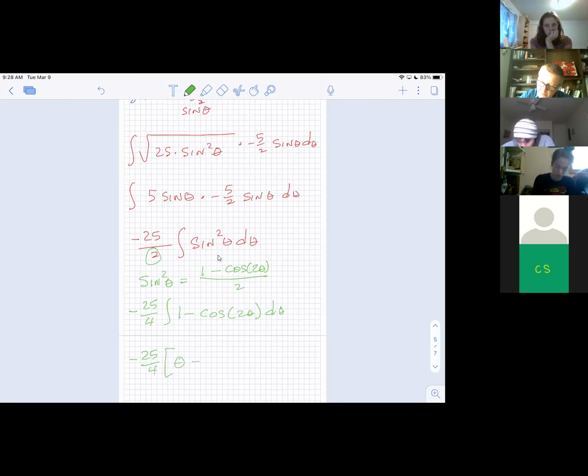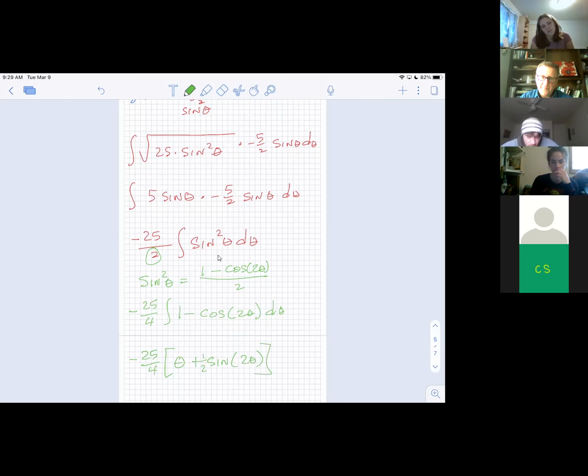I can take the integral of cosine, which is sine, and the negative turns that into a positive. So the derivative, just to check my work, if I take the derivative of the sine of 2 theta, it's the cosine of 2 theta, but then times 2. And so I would need to divide by the derivative of 2 theta down here. Again, that's kind of a substitution problem. Done.